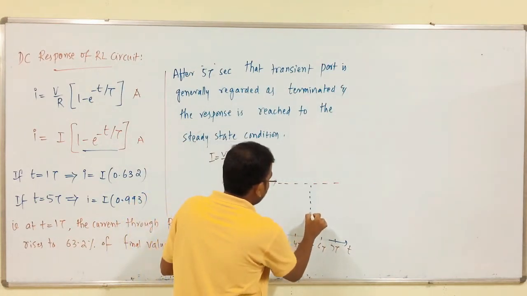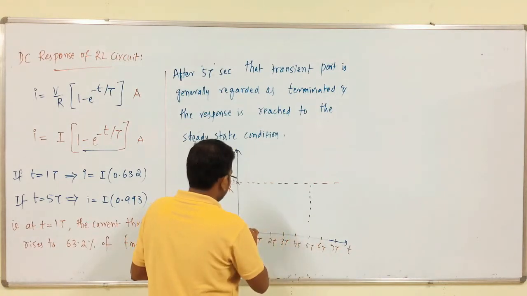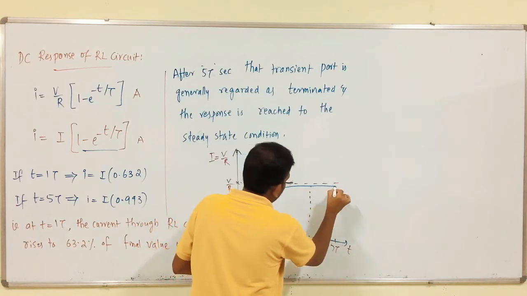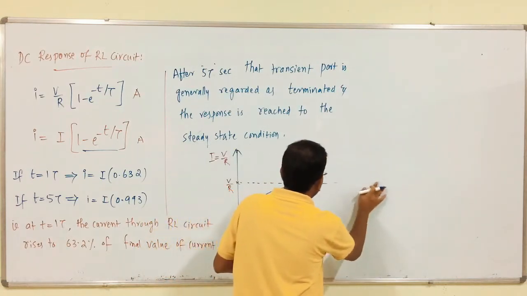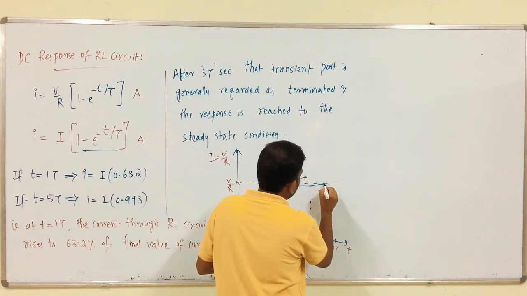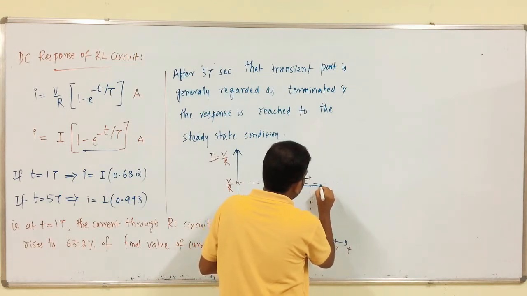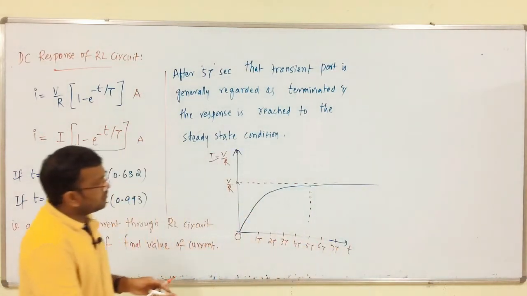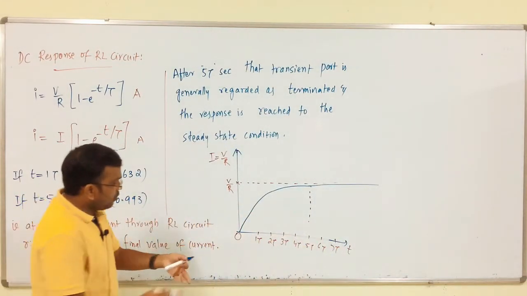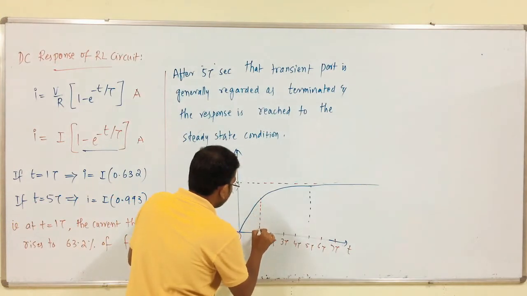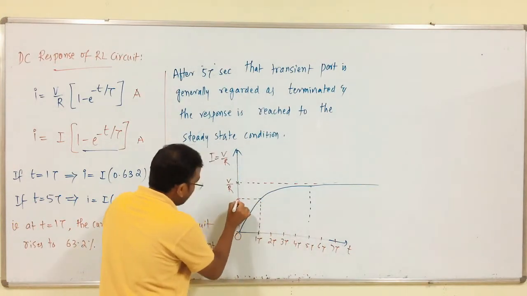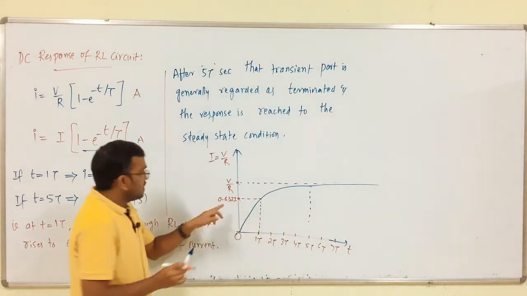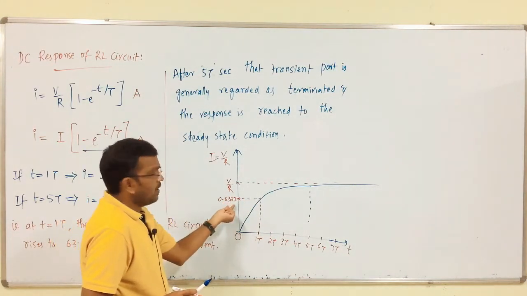This is 5 tau. So, like this we are going to get. So, at 1 tau, this is 0.632 I, that is 63.2% of the total current.